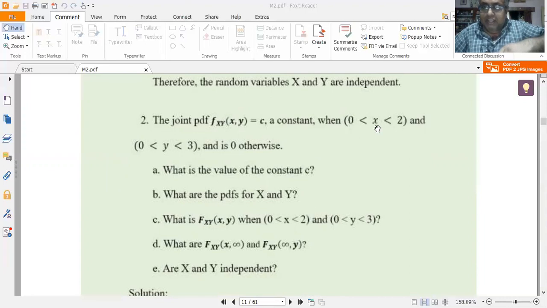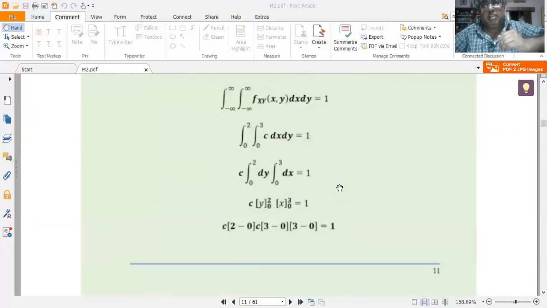That is, the joint PDF value is equal to 0 for x less than 0. The joint PDF value is equal to 0 for y less than 0. Let me repeat. The joint PDF value is equal to 0 for x less than 0 and for y less than 0 because x lies only between 0 and 2 and y lies only between 0 and 3.